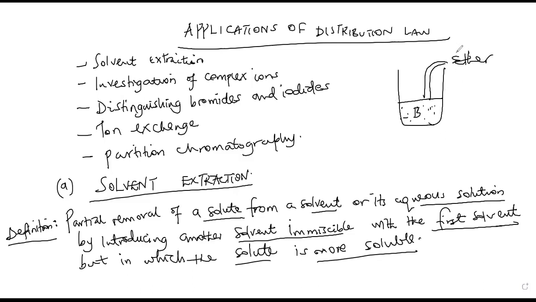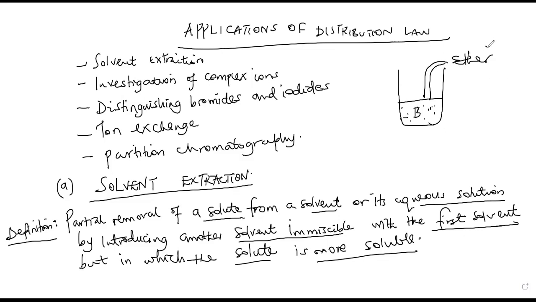The solute should be more soluble in the solvent you are introducing, and this solvent should easily be distilled off. So basically, that is what we call solvent extraction. You are removing a solute from a solvent or from its aqueous solution by introducing a solvent which is immiscible with the first solvent.